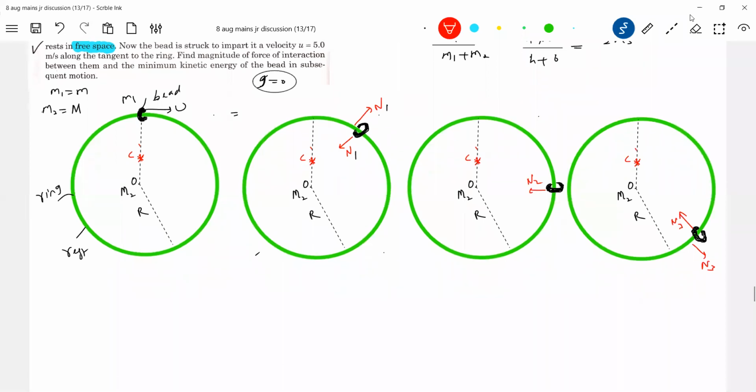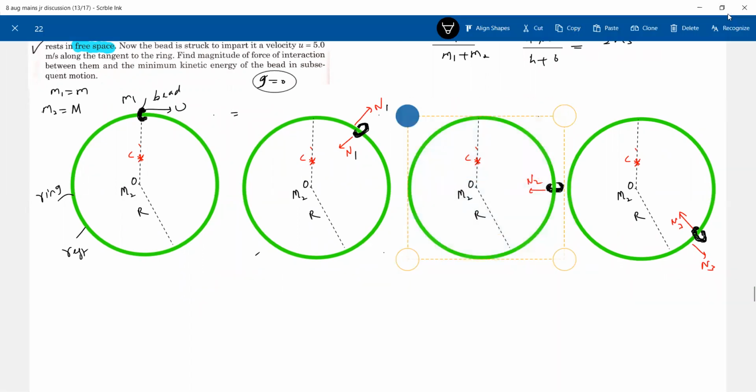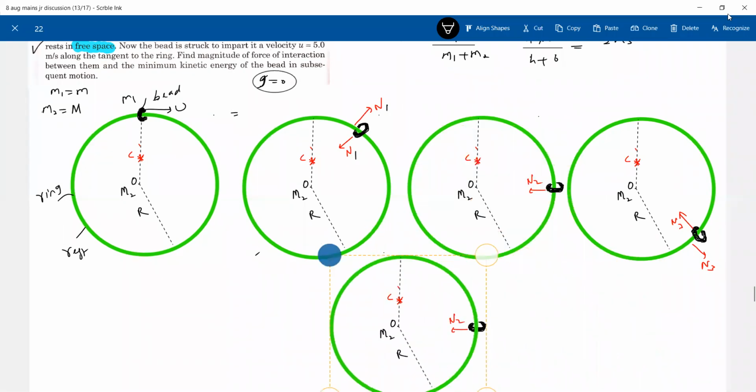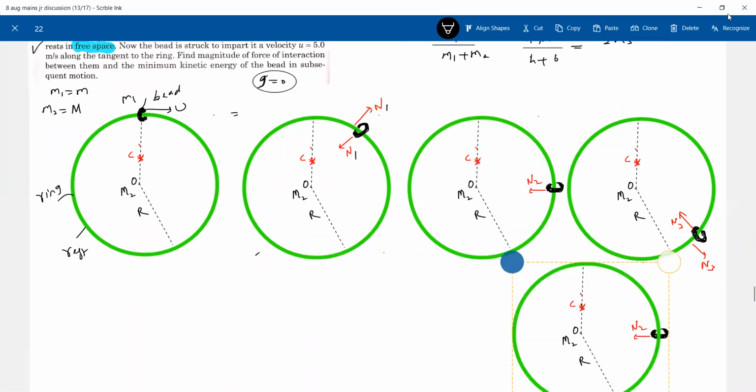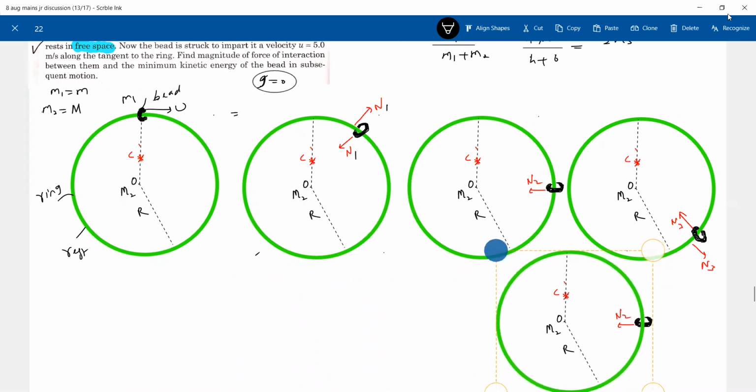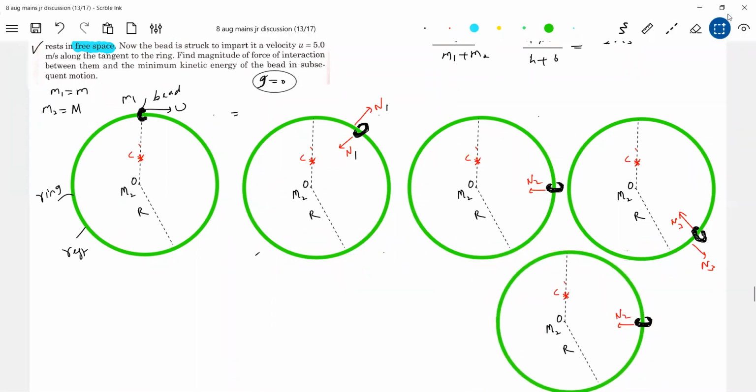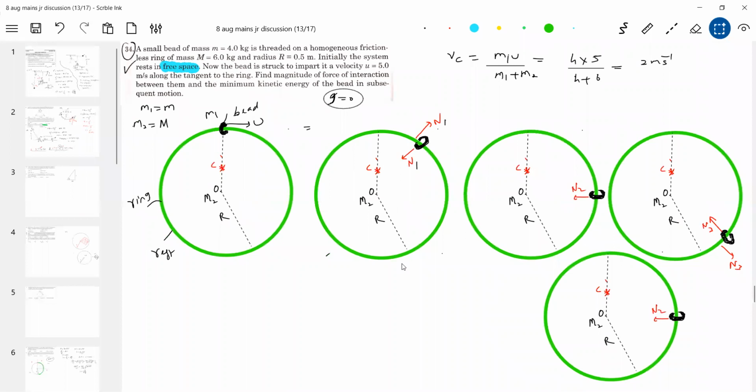So finally, now when the bead comes to the next position, I'll show it here. Okay, now the next position after this will be here.